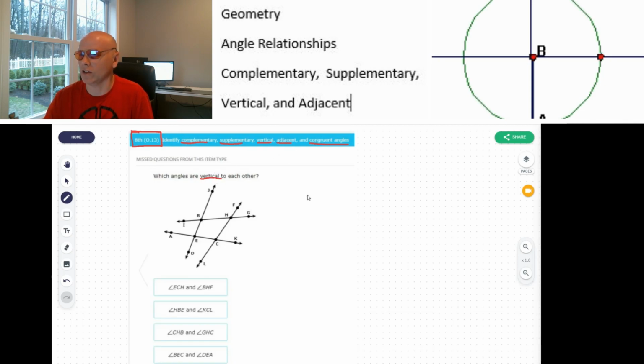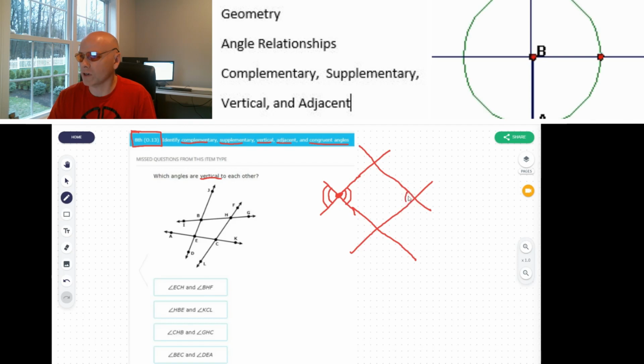Okay, so vertical. Okay, we're looking for things in an X. Vertical angles, they share a vertex, and they open opposite, right? So they're vertical. So look for the X's within the bigger problem, all right? That's part of the keys to this type of math.